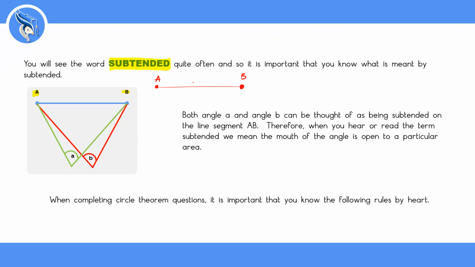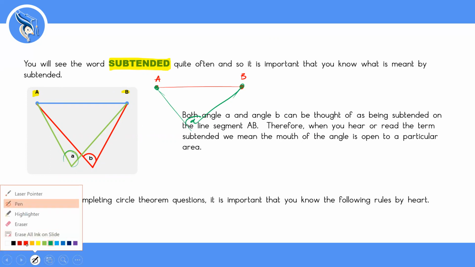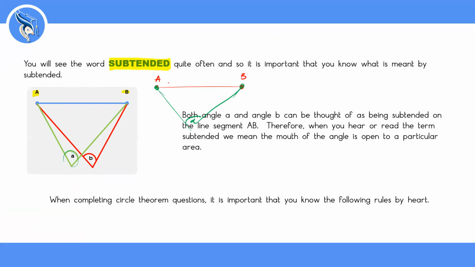Now, if you take that line segment AB and you take note of the first angle, that angle is in green, and I called it angle A. Angle A, as you can see here, starts here and it opens to here, right? Then the other angle B starts or opens on the same point and ends on the same point.